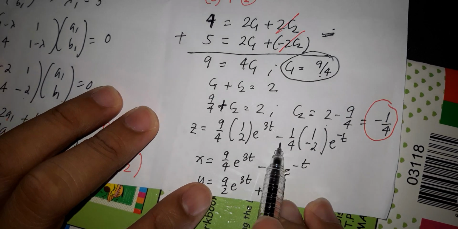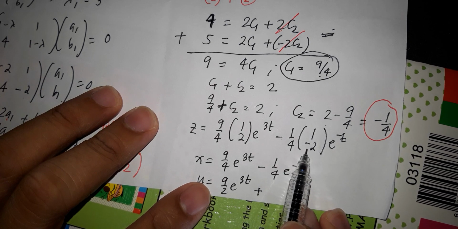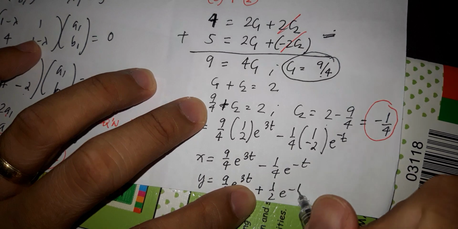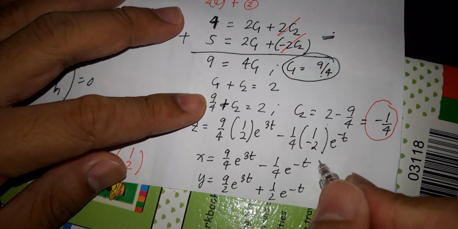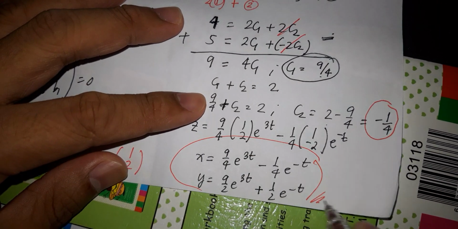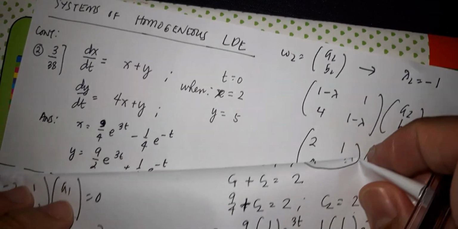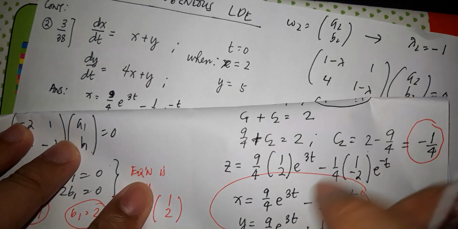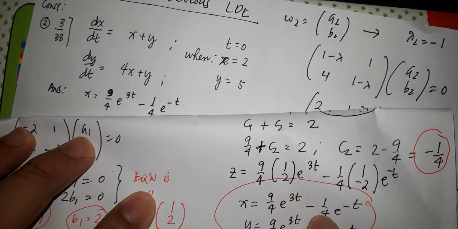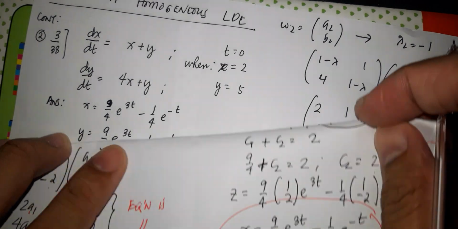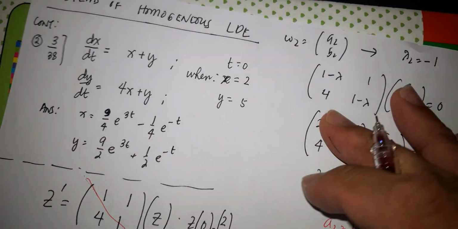This becomes plus because negative 1/4 multiplied by positive 2 is 1/2 e to the minus t. So therefore, our final answer is actually the same as our given answer. So 9/4 e to the 3t, negative 1/4 e to the minus t. That's 9/2 e to the 3t, 1/2 e to the minus t. So we are correct.